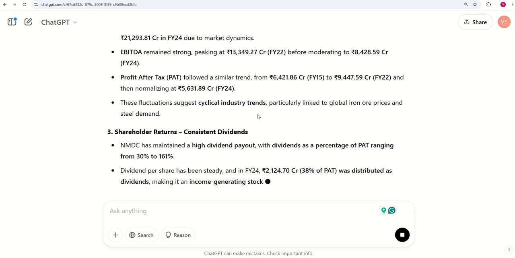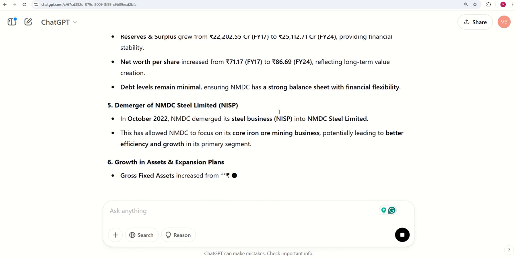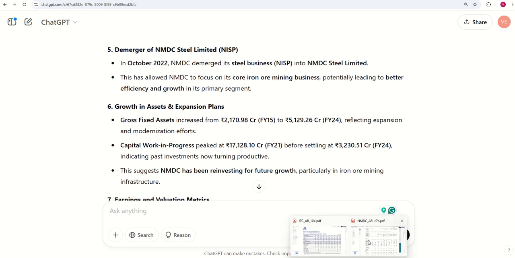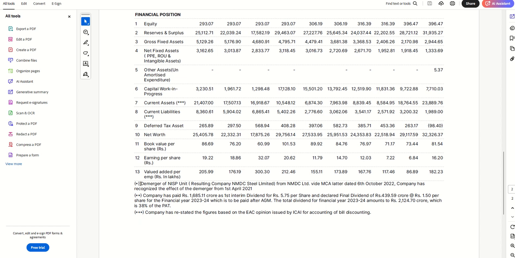Yes, NMDC gives a good amount of dividend, so that is also reflected in the summary. Low debt. It talks about some demerger. Typically, whatever you see in the 10-year summary, like the demerger, is what appears in the ChatGPT summary.